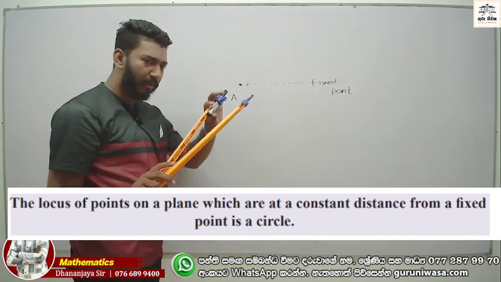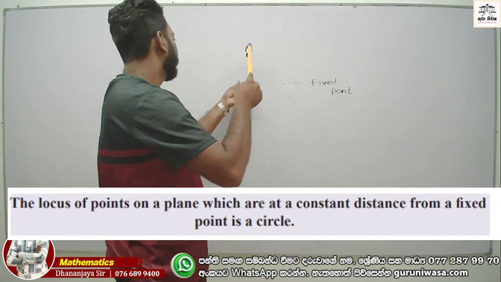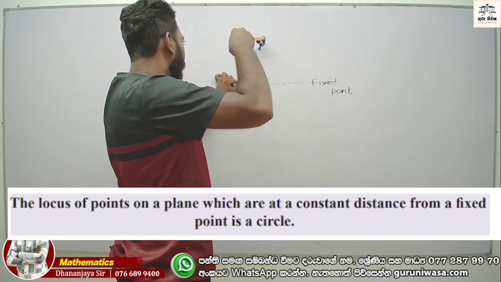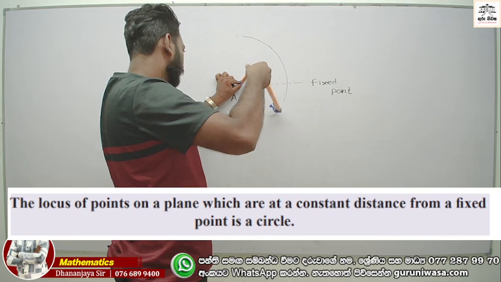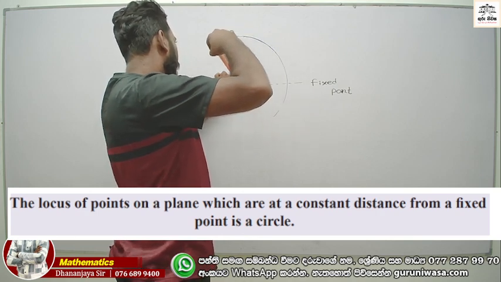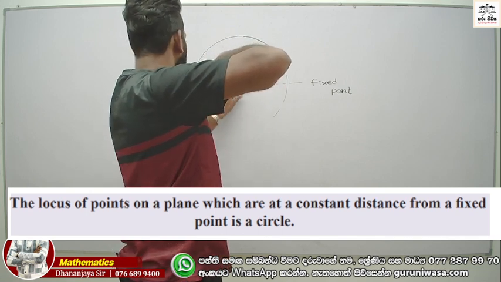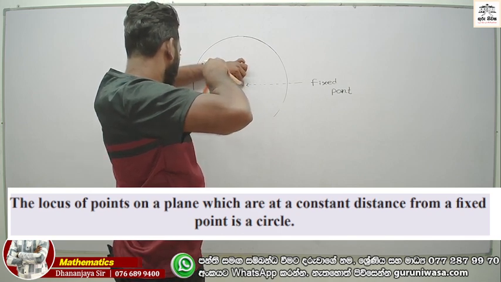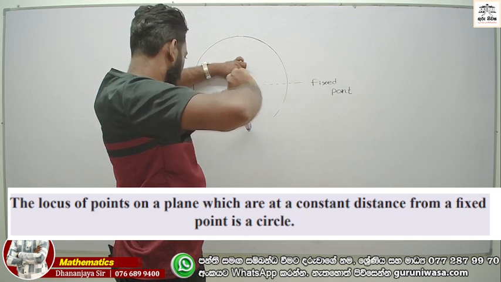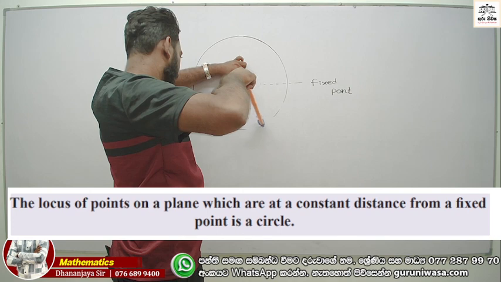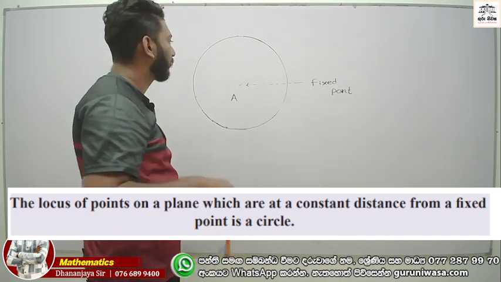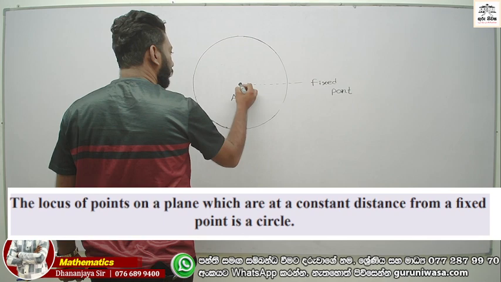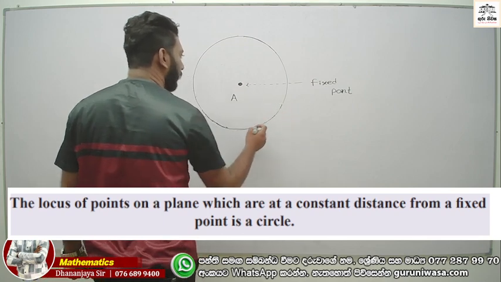Now use your compass and draw a circle. I will give you the distance question by question. So let's draw a neat circle. Right. And this is a fixed point. Right?